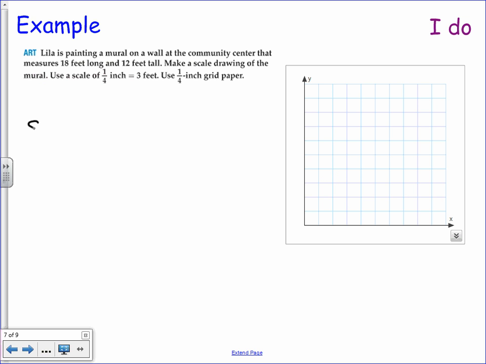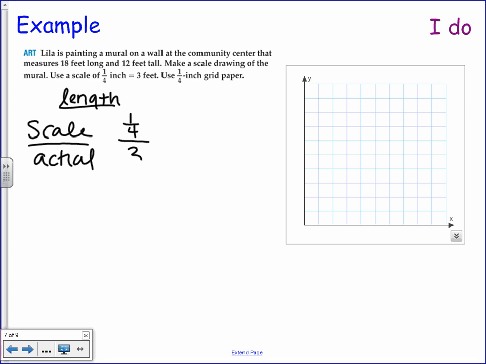So I'm going to set up scale over actual. And first of all, I'm going to work on my length. Okay. So I know that the scale is 1/4, the actual is 3.